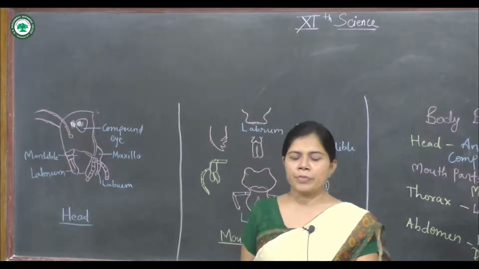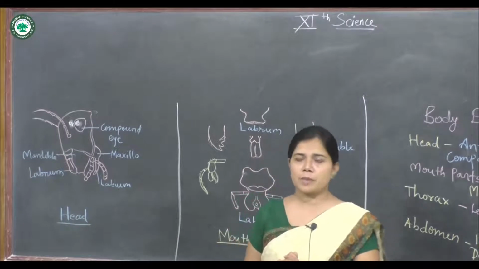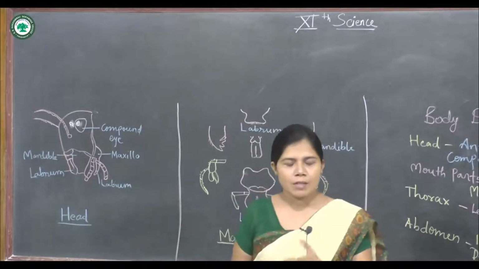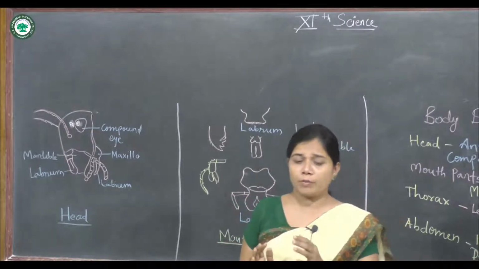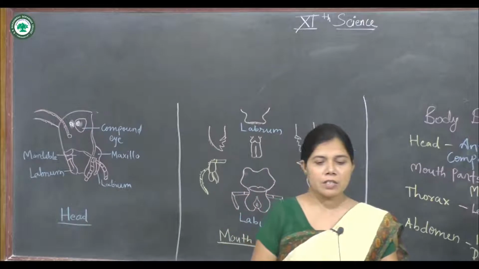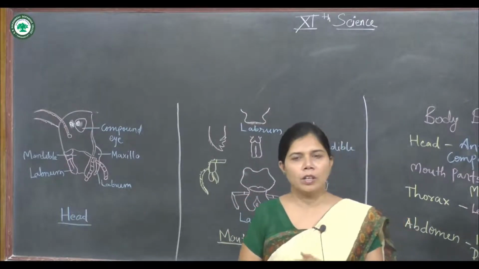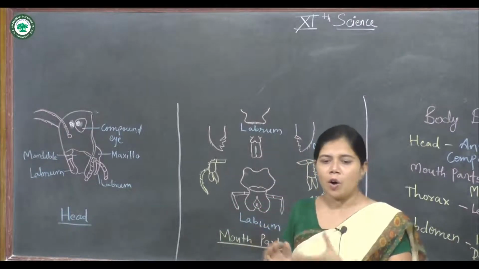So students, in the head of the cockroach, the first part is the pair of antennae. It is also called the feelers. They are filamentous, long, segmented structures, and they move in all directions.